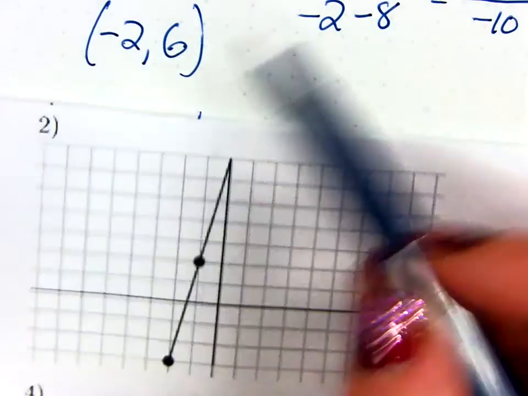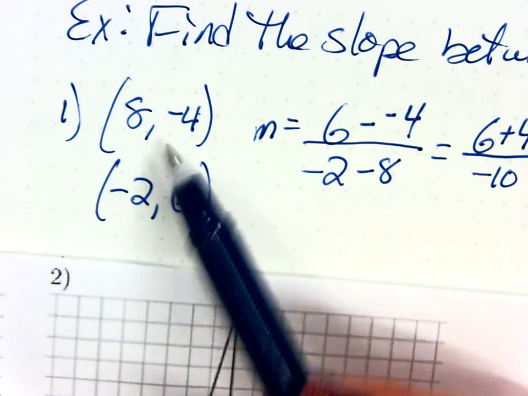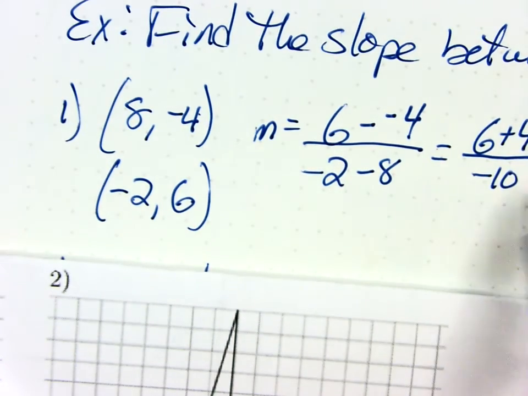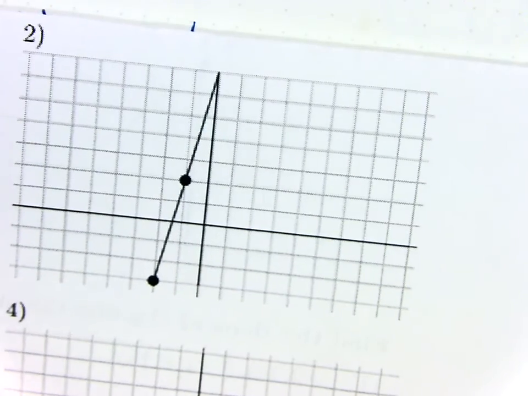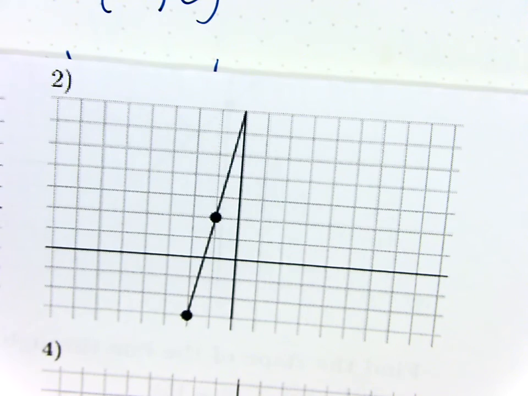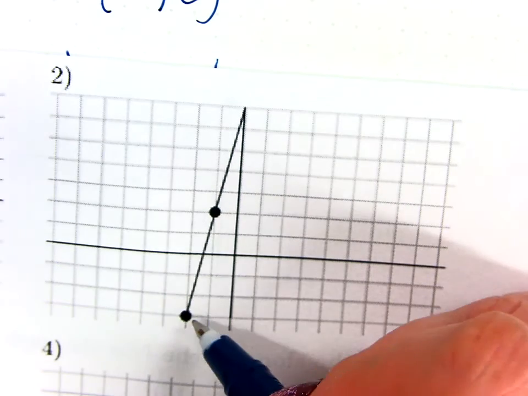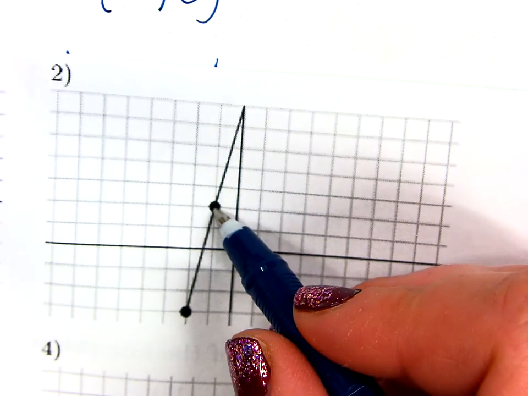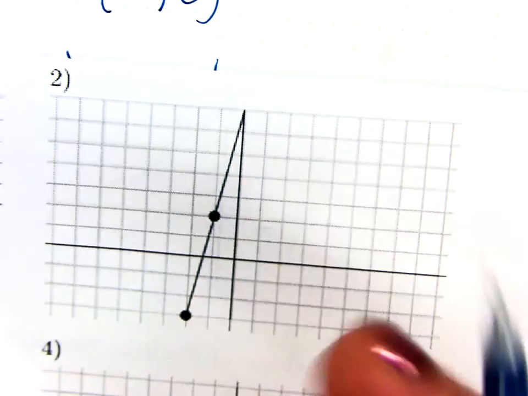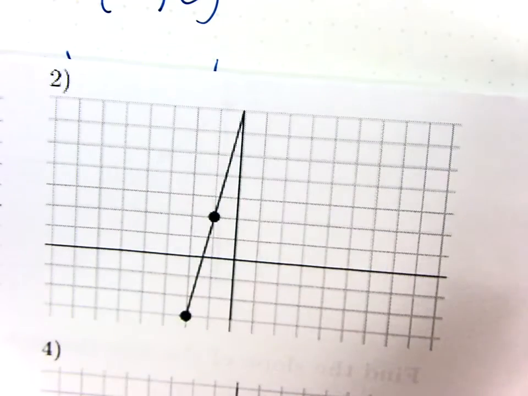So I could figure out what the points are and then plug them into the formula. Totally doable. However, if you are lucky enough to have a graph, you can just count how many boxes you're going up and then how many boxes you're going to the right. Just make sure that you are always moving from left to right when you do that.